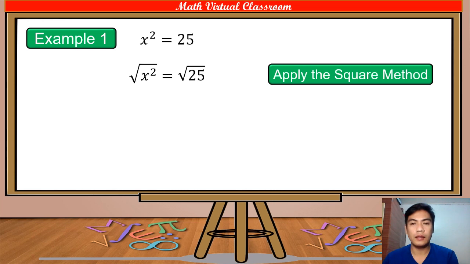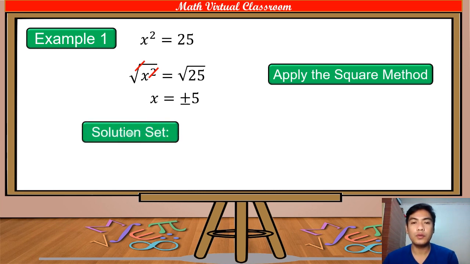We get the square root on both sides of the equation. The square root of x squared is equal to x, and the square root of 25 is equal to positive or negative 5. Therefore, the solution set for this equation is x equals 5 and negative 5.